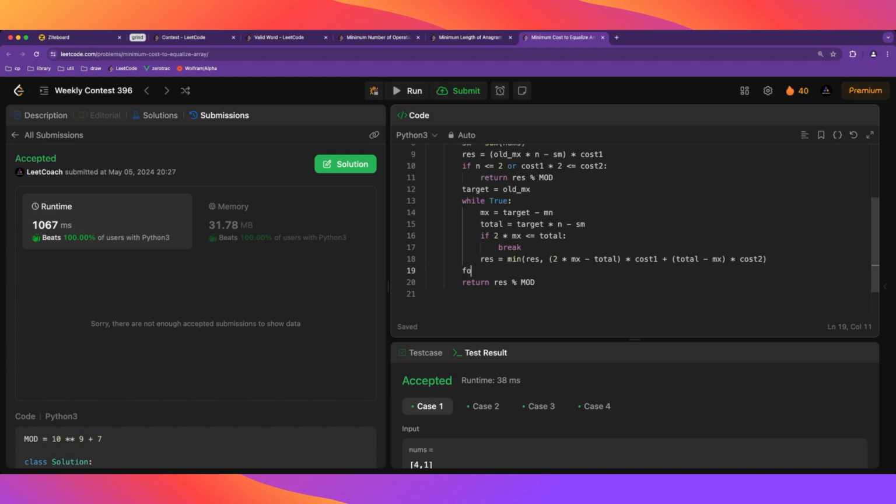We have to do it twice. Well, maybe we can just, so what was this? This was total divided by 2 times cost 2 plus total mod 2 times cost 1.